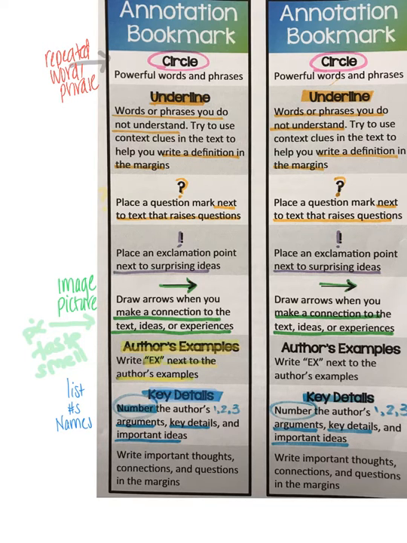Anytime you have a list of anything, a list of objects, a number, 1, 2, 3, or names or important ideas, I want you to highlight them in blue and then write something that cues that in your memory over in your margin. And of course, we're always writing important thoughts, connections, and questions in the margins, okay?